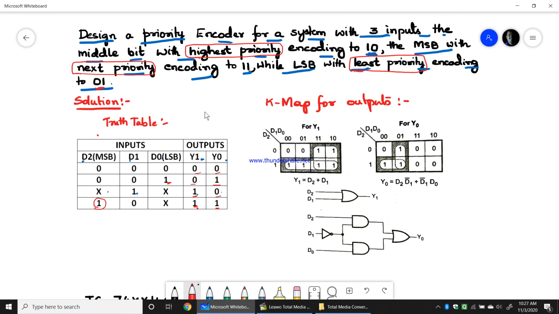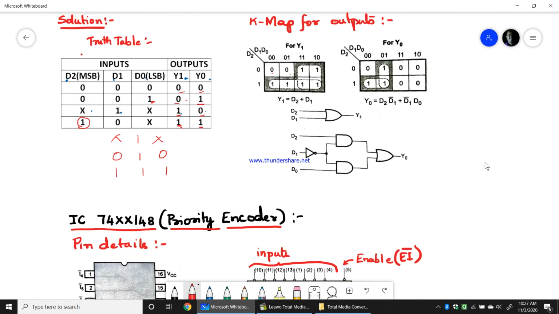Now this is the truth table for this problem, and now the realization of the K-map for this truth table is what we need to do. For all zeros, it is 0. For 0 0 1, y1 is 0. Now for this x1x, it can have two values, either 0 1 0 or 1 1 1. It can also have two other values, 1 1 0 or 0 1 1.